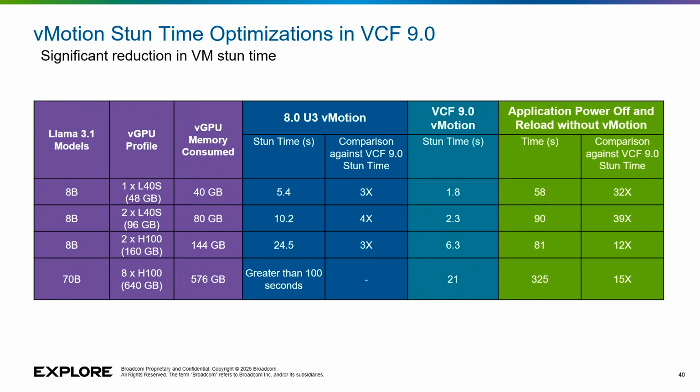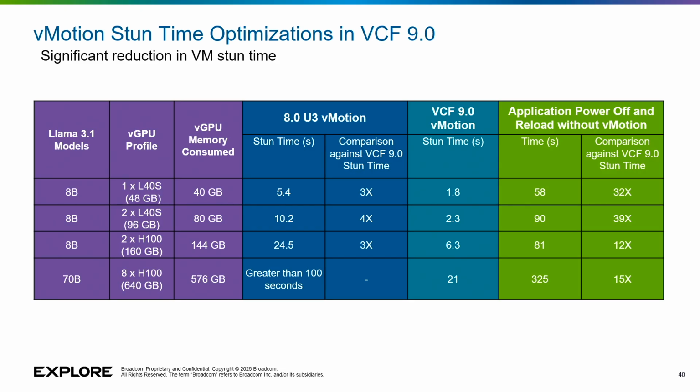So this is 8 GPUs, each with 80 gigs of memory on it. So that's 640 gigs of total physical memory, of which 90% is used by the model, 576 gigabytes, half a terabyte of data being vMotioned from one machine to another.